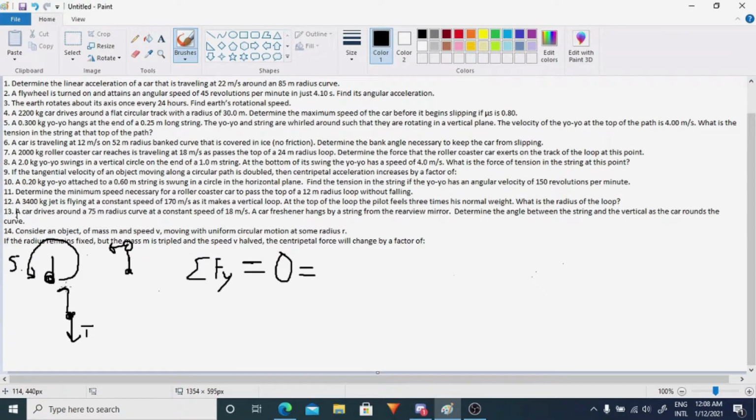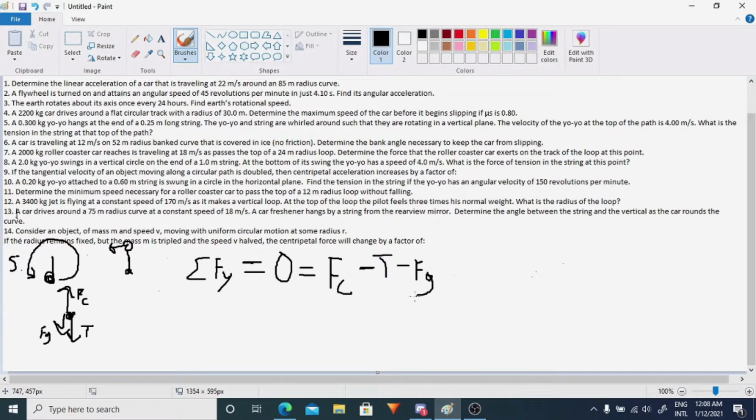There's the centripetal force acting upwards, as we talked about with problem 4. And there's also the force due to gravity acting downwards, which actually helps the tension at this point. So it's going to equal centripetal force minus tension minus force due to gravity.